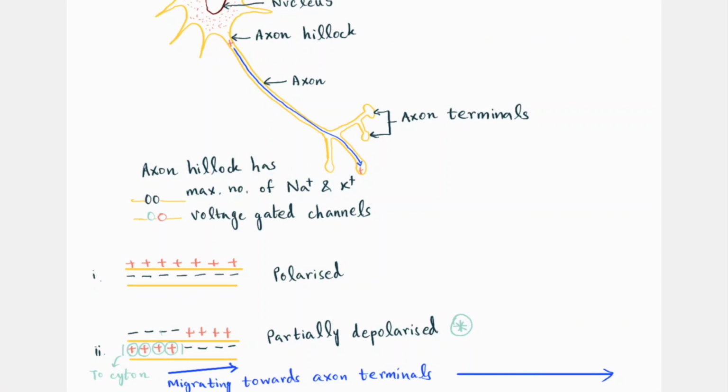So that is how the impulse is transmitted. It's not electricity, even though we feel compelled to think of it that way, but that's fine. And that's basically the crux of the matter, right? From the axon hillock, the impulse travels to the axon terminals, and once it reaches the axon terminals, there's a plethora of activities going on there as well, which we'll talk about in the next slide.